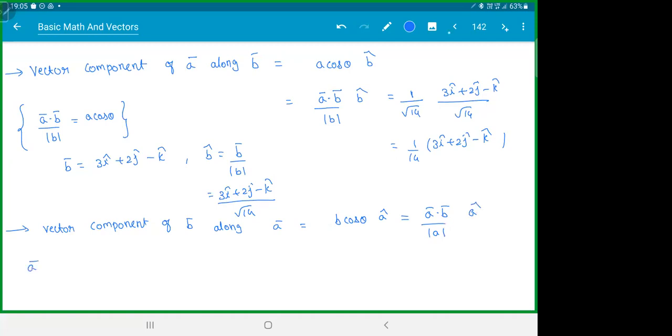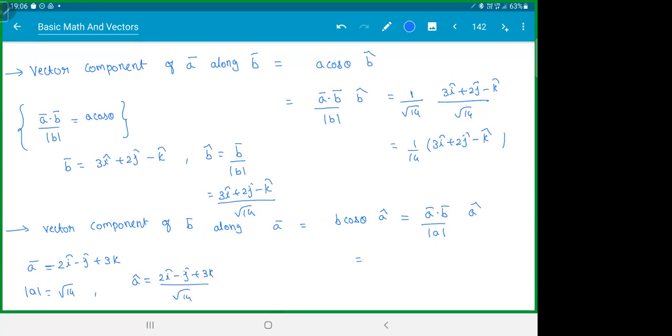A bar is 2i minus j plus 3k. Mod A is root 14. So A cap will be 2i minus j plus 3k by root 14.